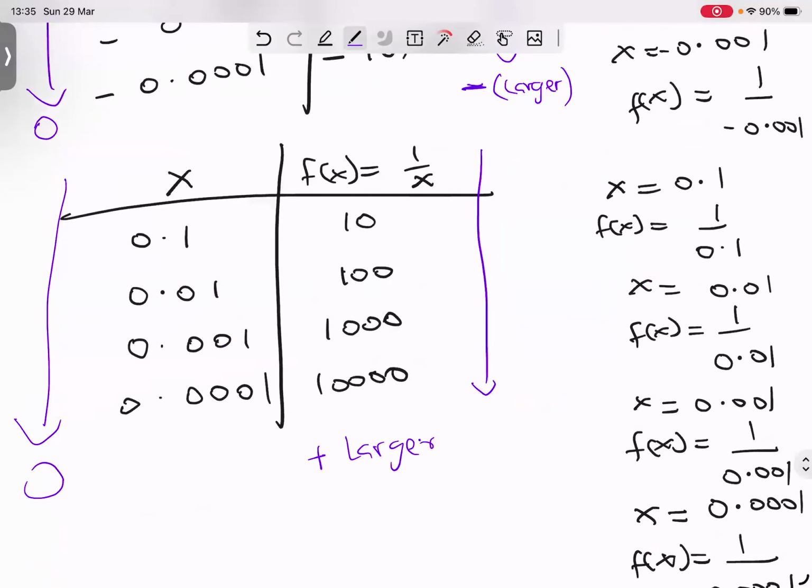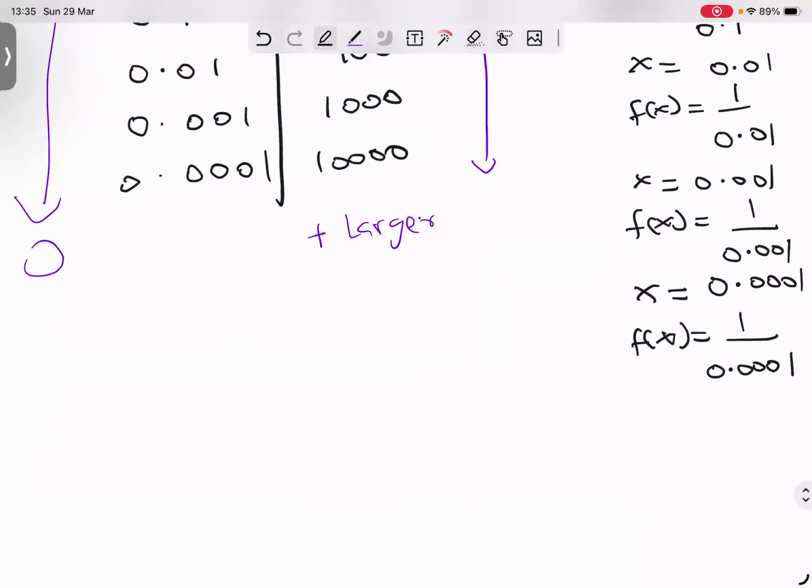As x is approaching 0 from the right-hand side, f of x is also growing larger and larger without bounds, but positively larger and larger without bounds. So from the left, we notice that our f of x, which is equal to 1 over x, is growing larger and larger, but without bounds, all right? And a number which is larger and larger without bounds is said to be undefined. So it is getting closer and closer to negative infinity.